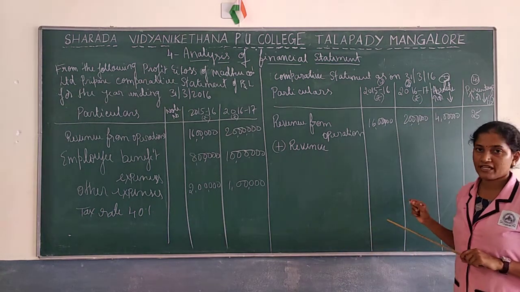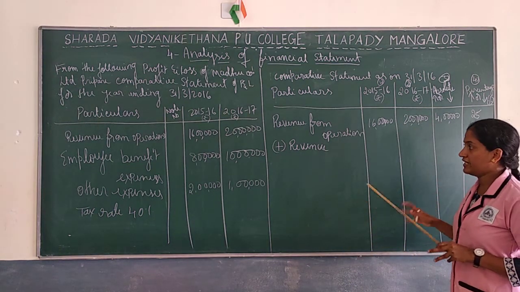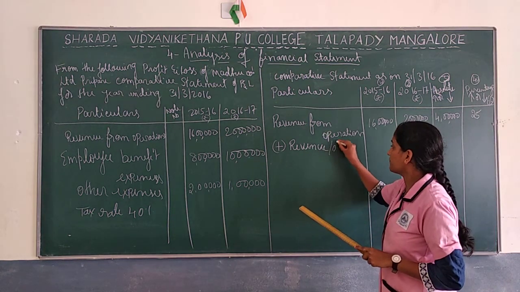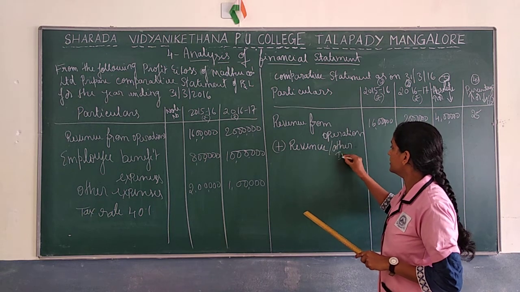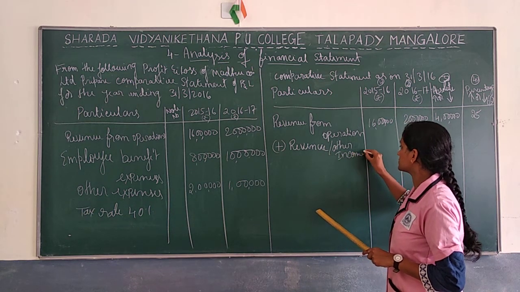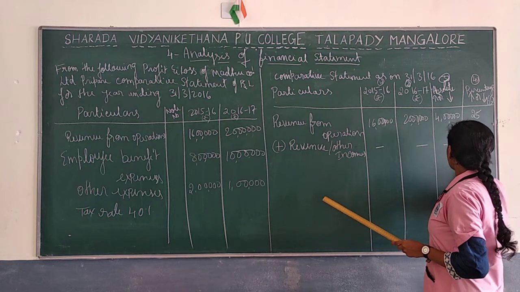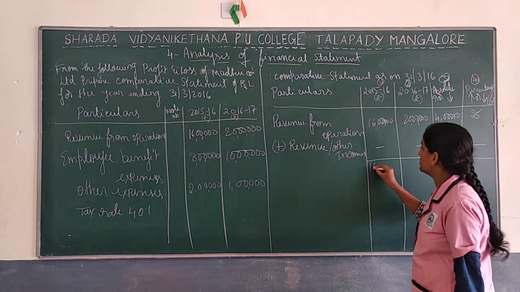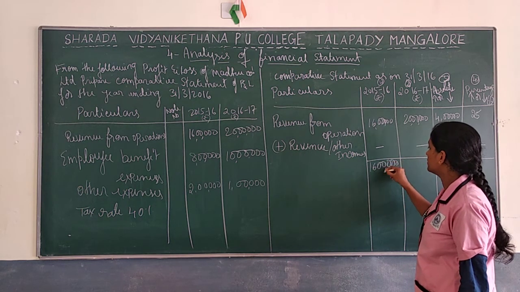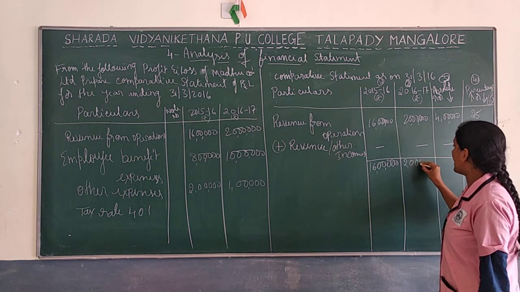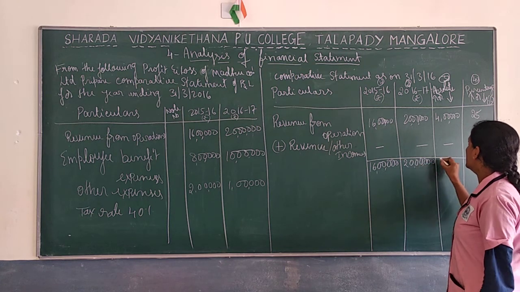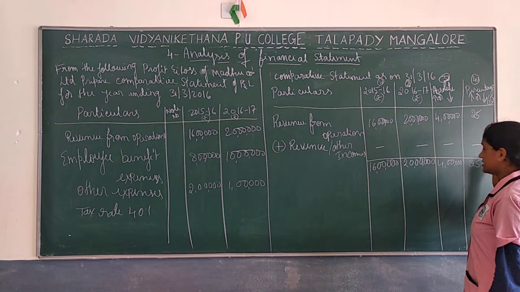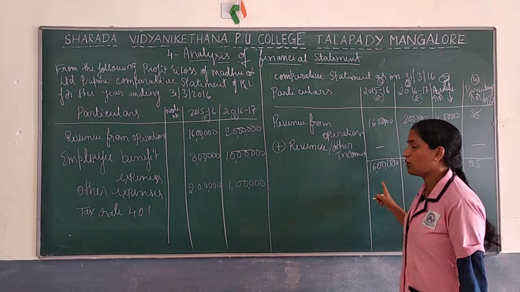They have not given any other income, so let me write nil. So you will have 16 lakh, 20 lakh, 4 lakh and 25%.